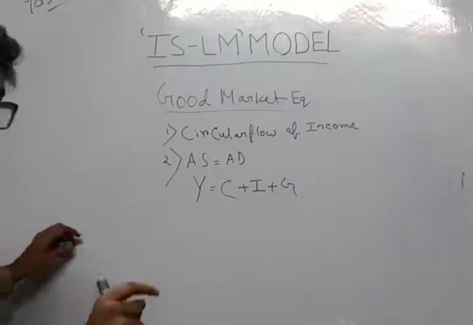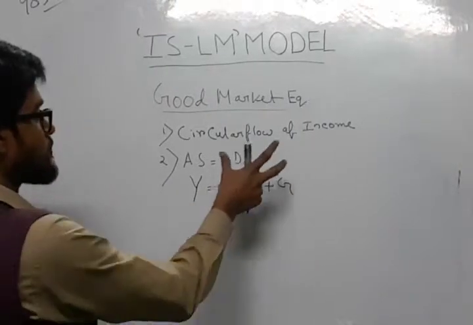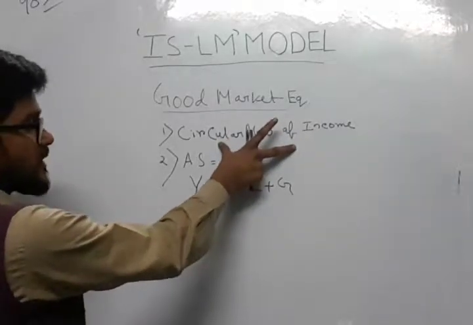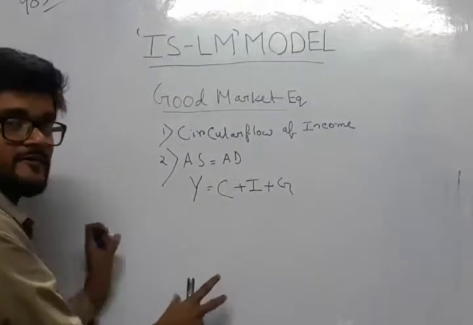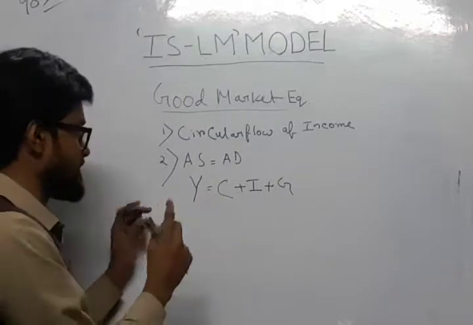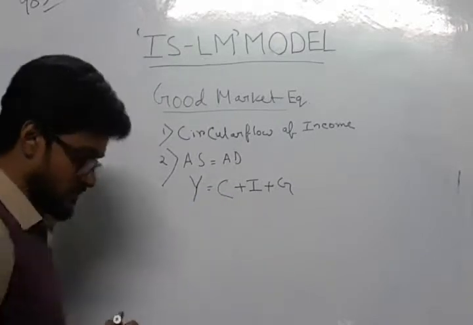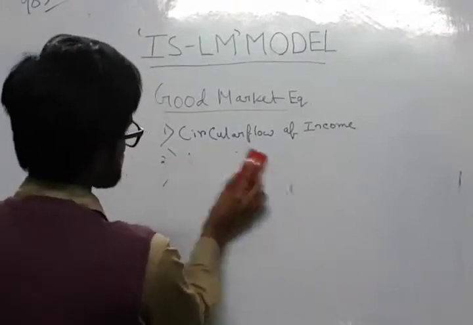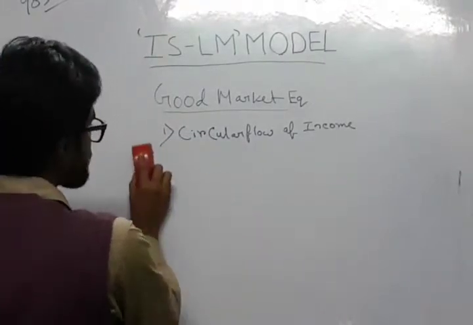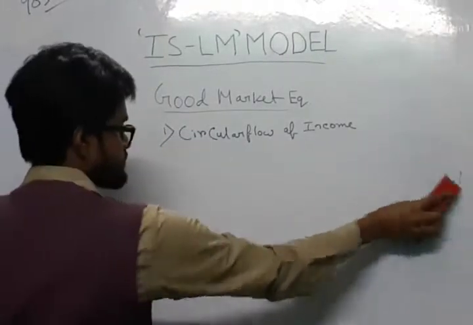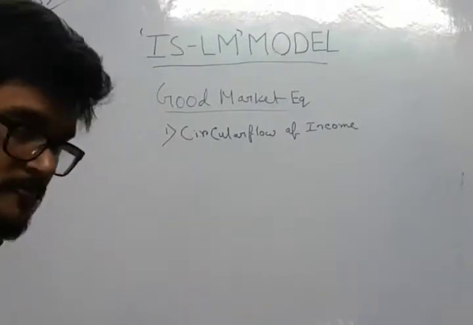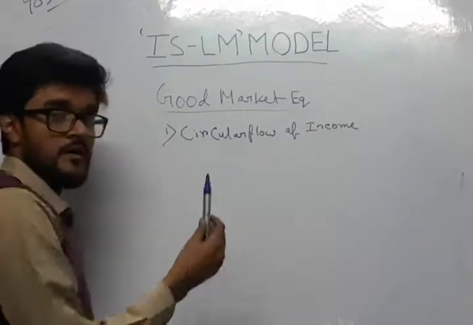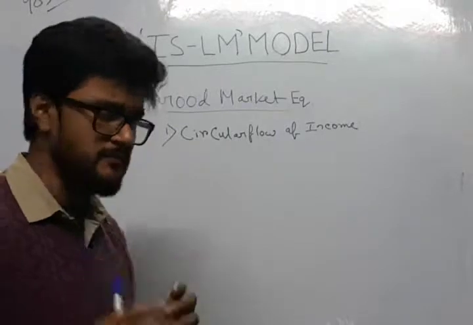First, in our discussion, we'll take this route, the circular flow of income, and see how we derive the equation for IS. Then we'll take the other route. For the time being, we'll just talk about the circular flow of income. What is the circular flow of income?